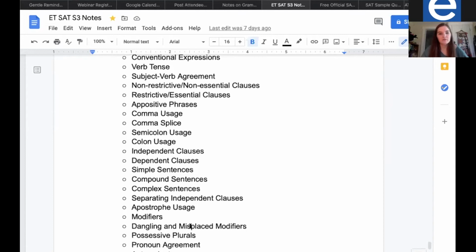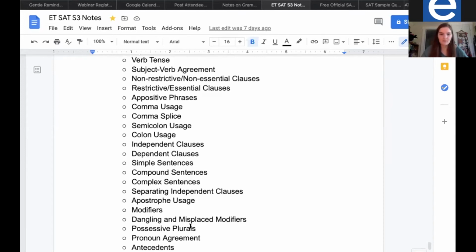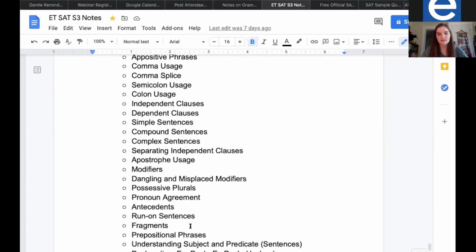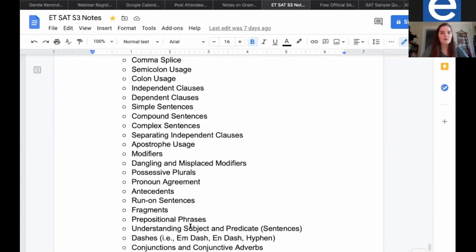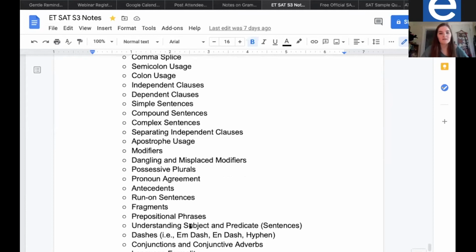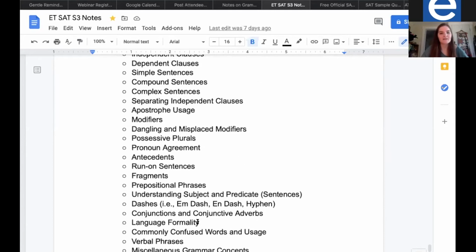Restrictive versus non-restrictive clauses, essential versus non-essential clauses, appositive phrases, comma usage, comma splice, semicolon usage, colon, independent clauses, dependent clauses, or subordinate clauses, as they're also called. Simple sentences, compound sentences, complex sentences, compound-complex sentences. All of those are different types of sentences that we're going to be talking about today.